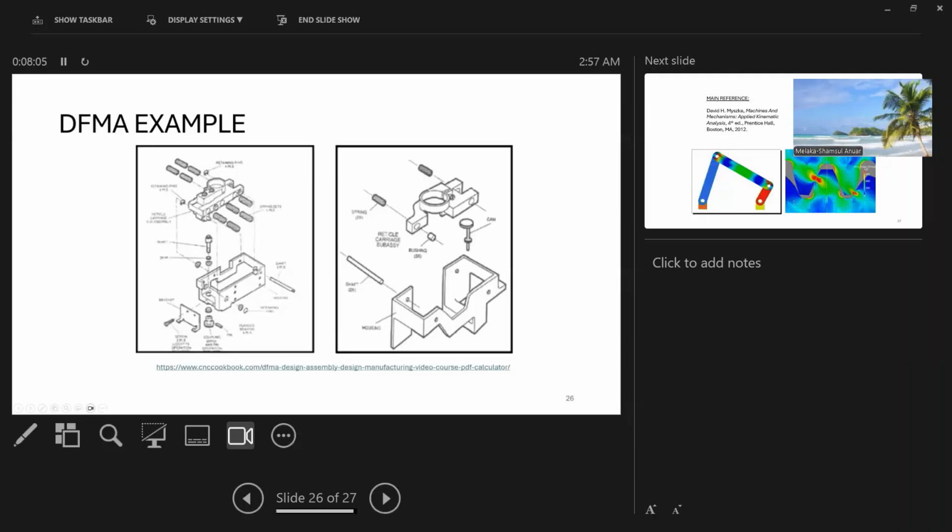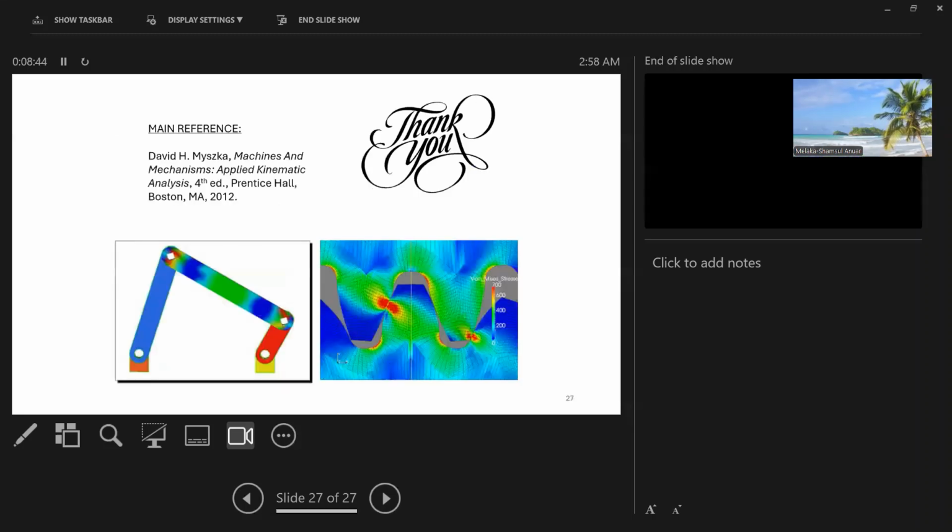Otherwise, if you have a spring or a screw, you can use off-the-shelf, ready-made, mass-produced parts, which is going to be a lot cheaper, but on the other hand, it's probably going to add difficulty in the manufacturing or assembly. That is the give and take that we need to consider in management.